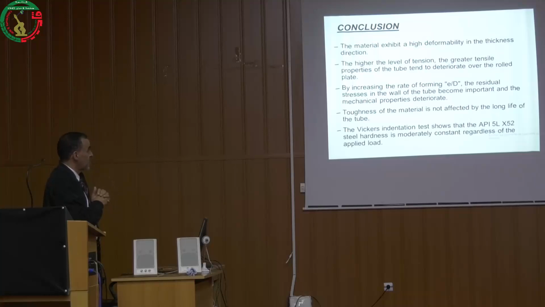By increasing the forming rate, thickness per outer diameter, the residual stresses in the wall of the tube become important and the mechanical properties deteriorate. Fourth, toughness of the material is not affected by the long life of the tube. And fifth, the Vickers indentation test shows that the API 5L X52 steel hardness is moderately constant regardless of the applied load.